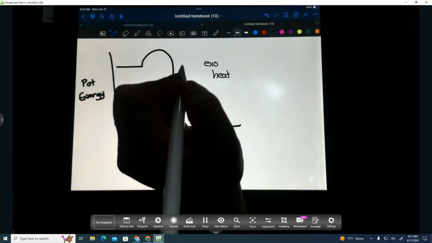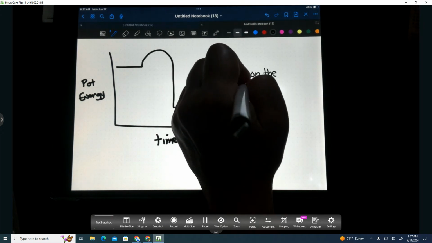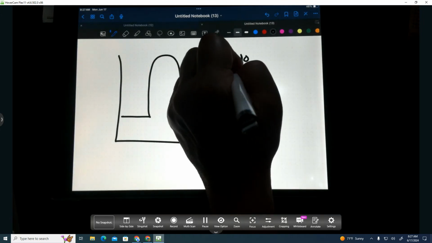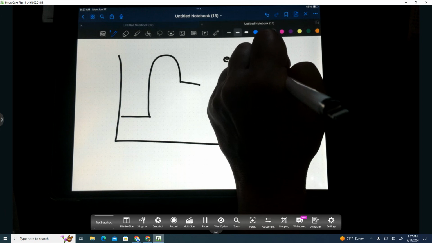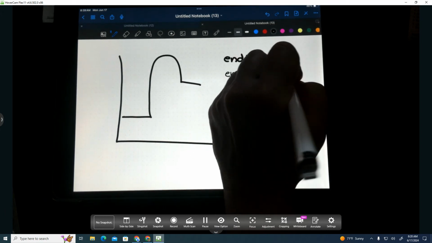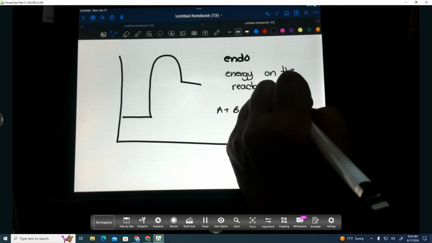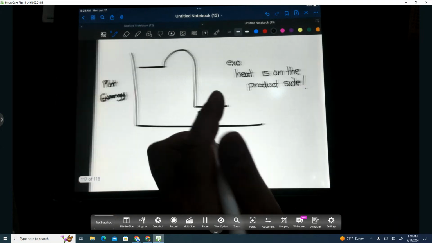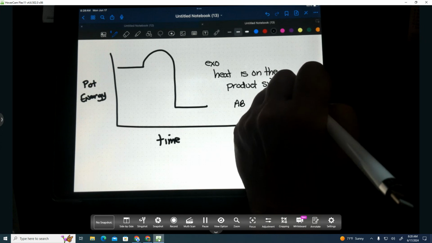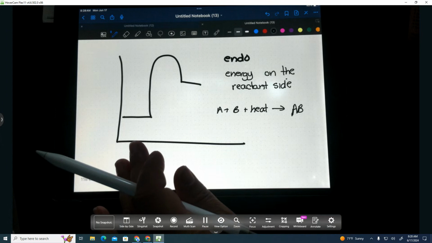Heat or energy or that number is on the product side here; there, the energy would be on the reactant side. Example, A plus B plus heat yield AB. Here, we had AB yield A plus B plus heat. See how it is on the product side? And here it's on the reactant side?